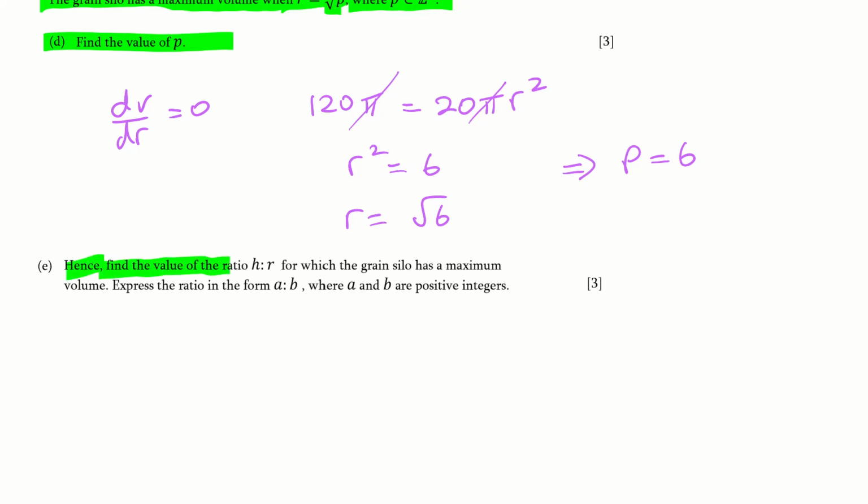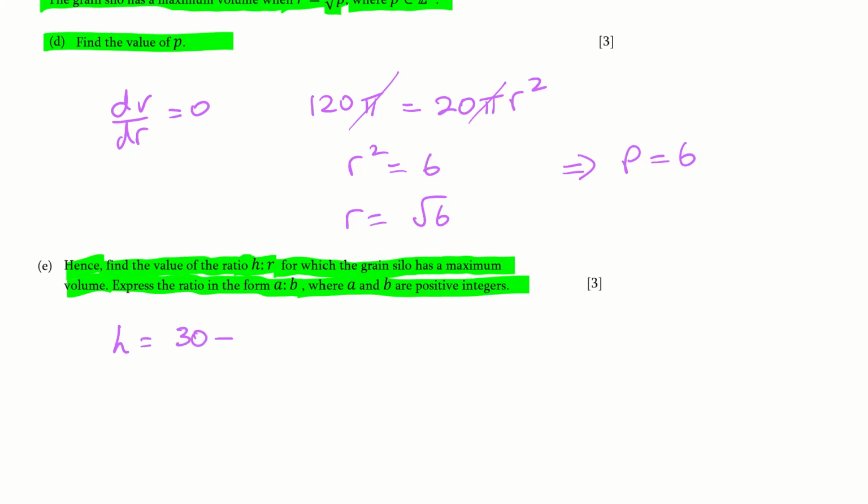Hence, find the value of the ratio h to r for which the grain silo has a maximum volume. Express the ratio in the form a to b, where a and b are positive integers. So h is going to be 30, take away 18 over root 6 with the values that we found, which means that h is equal to 12 over root 6.